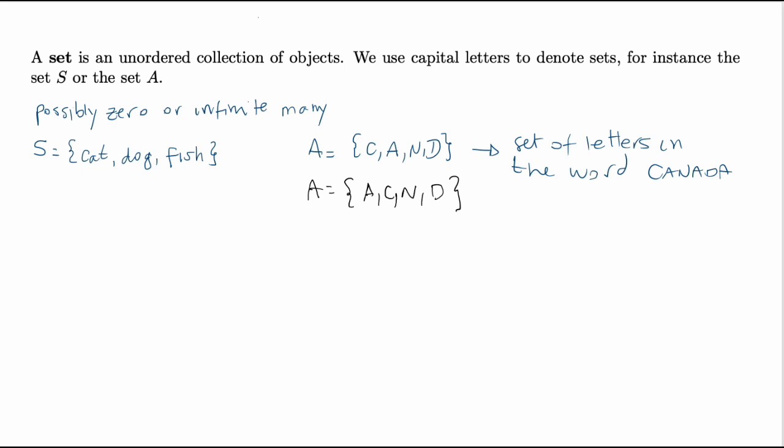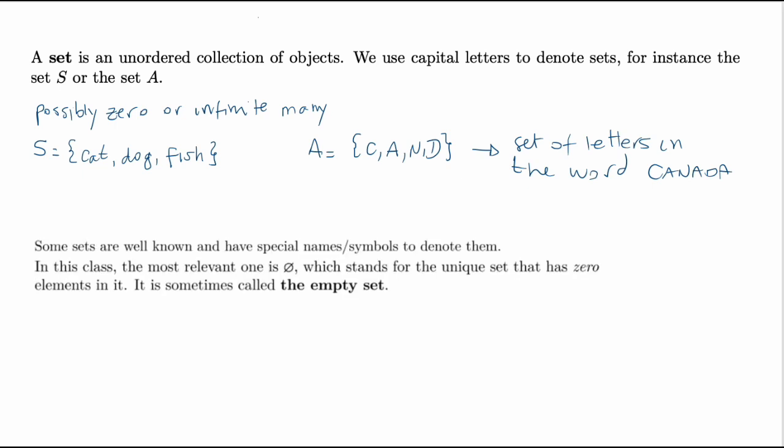Now, some sets are well known, and they appear in the wild all the time. And there are sets that are less special, I would say. Some of the sets that are very common have special names and special symbols to denote them.